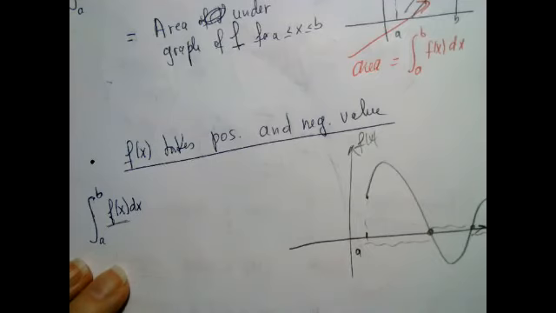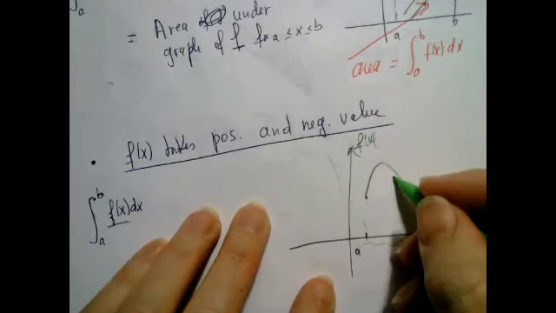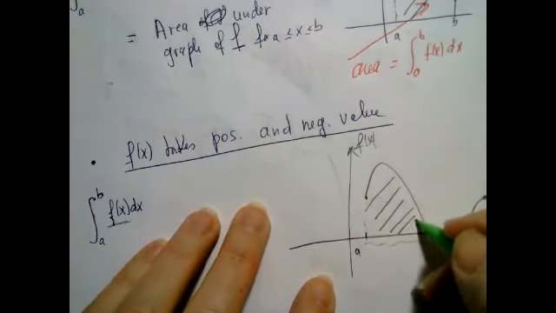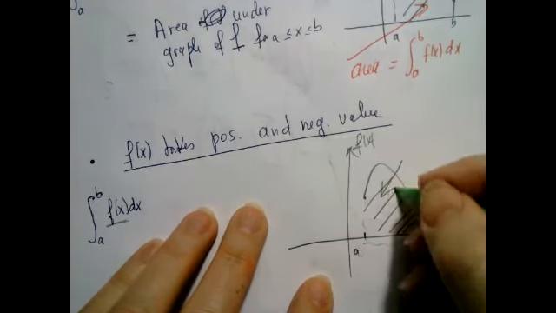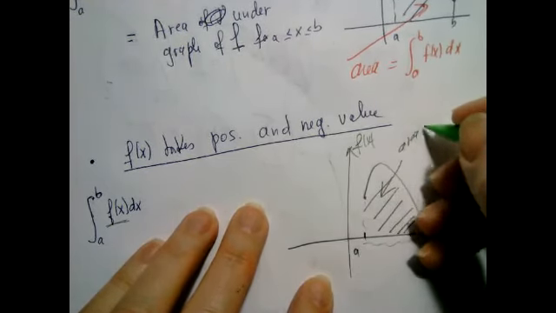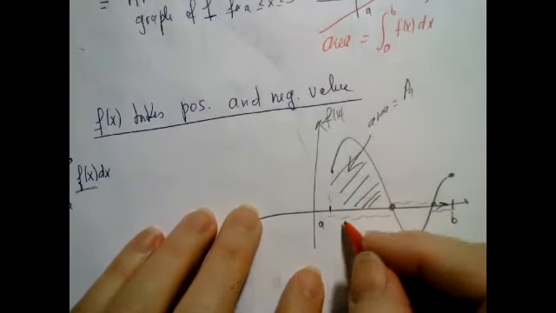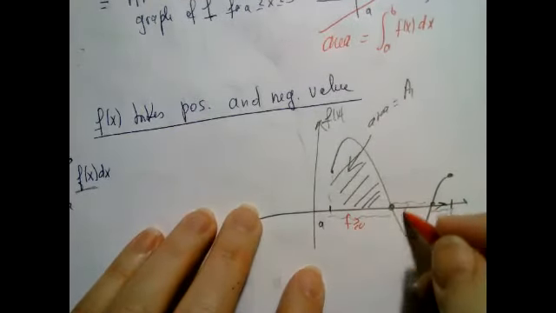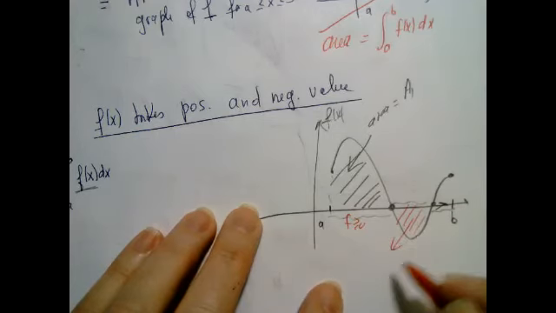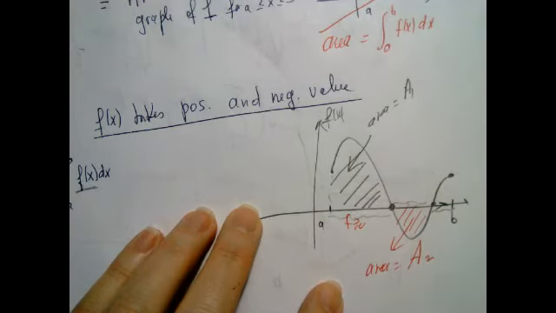So the integral is going to represent the following. Suppose the area here, I'm going to call it A1. This is f positive. This here, I'm going to call this area A2, that's the area.